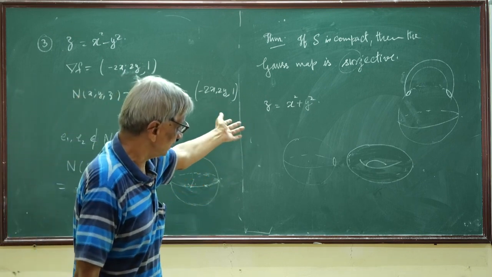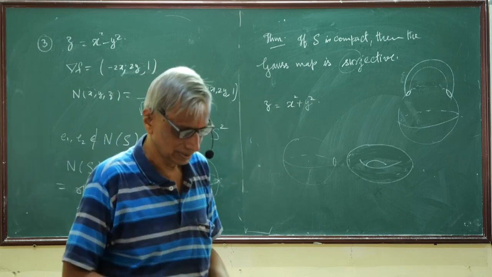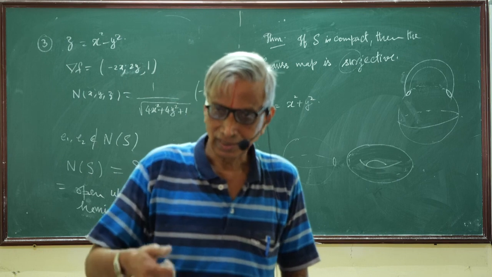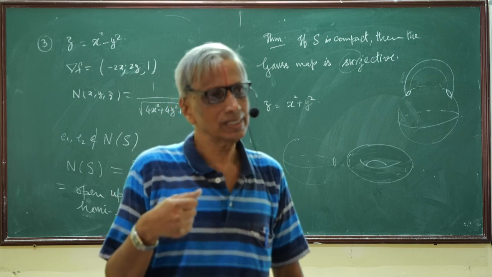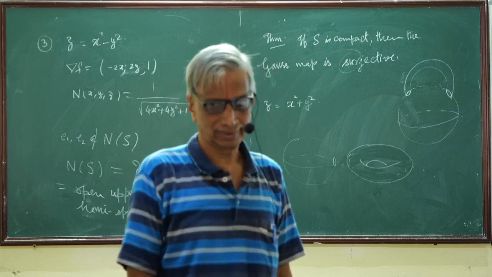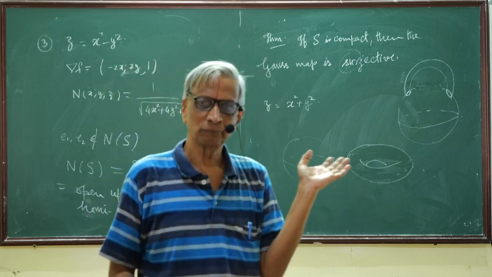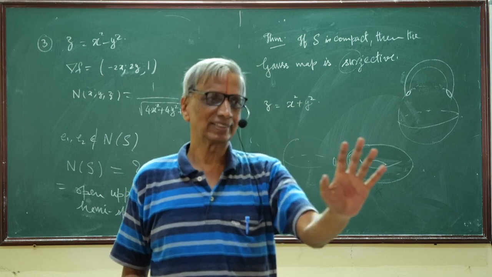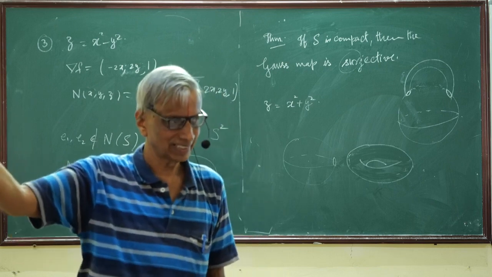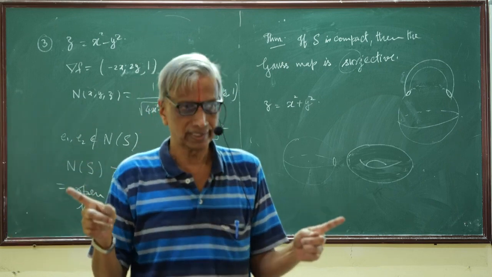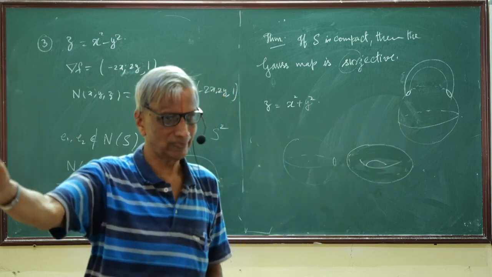The fundamental group in this case is going to be Z cross Z, so we'll have more copies of Z there. But the number of handles that you attach is a topological invariant, which means that if you have a sphere with m handles and a sphere with n handles, they are homeomorphic if and only if the number of handles here is the same as the number of handles here.